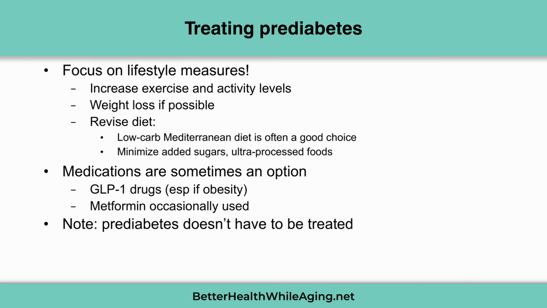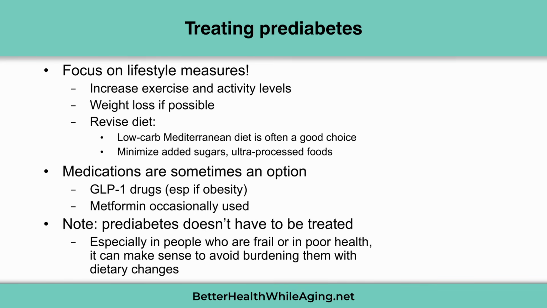I have been talking about treating prediabetes, but I also want to point out that in many cases, it might be reasonable to not treat prediabetes. And this is especially true in people who are frail or in poor health. The reason for this is that it sometimes is a sensible choice to not burden an older person with dietary changes, because often when people have prediabetes, it can take years for them to progress to diabetes.